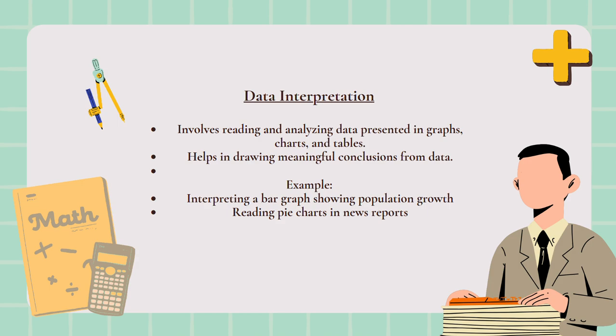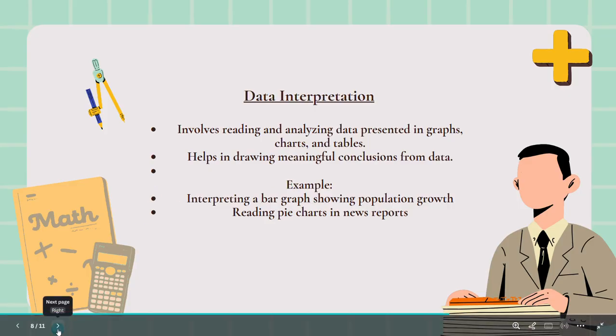So how can we represent it? Through graphs, charts, or tables. It helps in drawing meaningful conclusions from the data. For example, interpreting a bar graph showing population growth, or reading pie charts in news reports. So mainly it will be a mathematical representation of the data. Okay, I hope you got it.